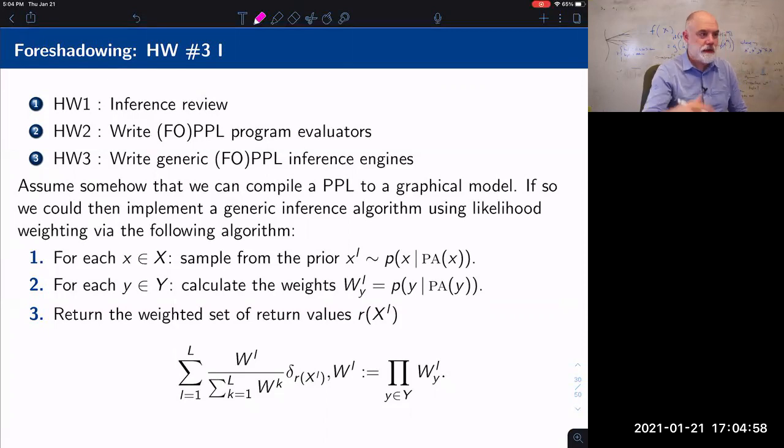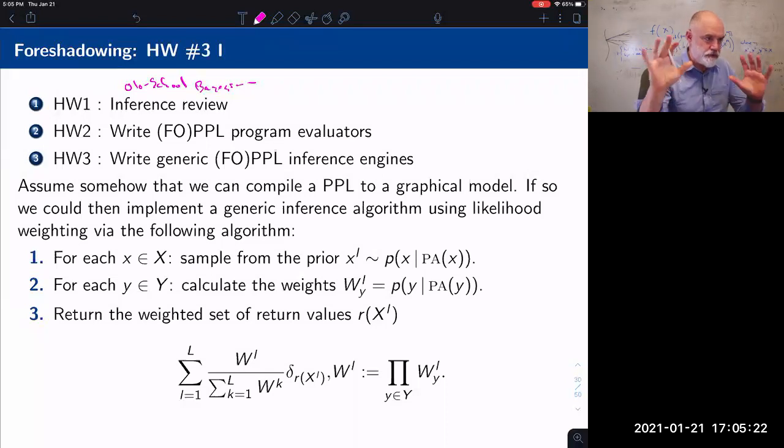So where are we? We're doing old school Bayesian inference review for homework 1. Have fun, engage. Homework 2 is going to be writing FOPL program evaluators. Those program evaluators are going to operate on graphical models. We're going to actually provide the compiler for you this year, which is awesome.